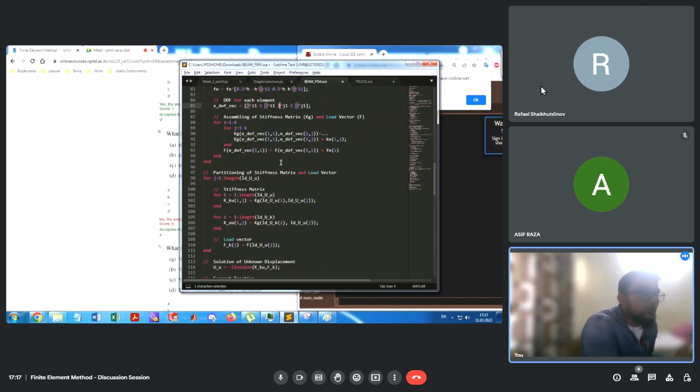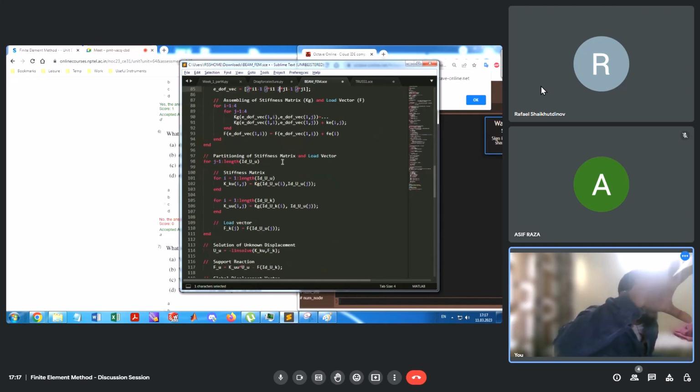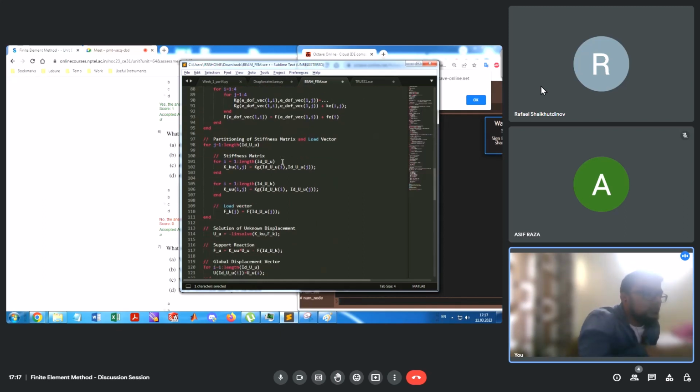Now we just need to modify this, in terms of one block as KKU. We just have to partition the blocks, right? For that, he is trying to assemble the stiffness matrix that way, right? Now see the line number 100.